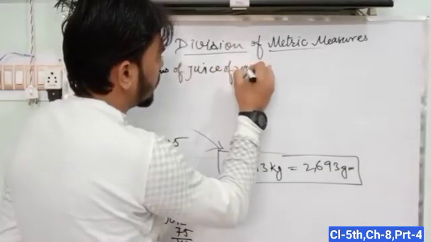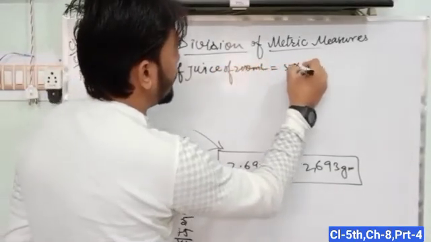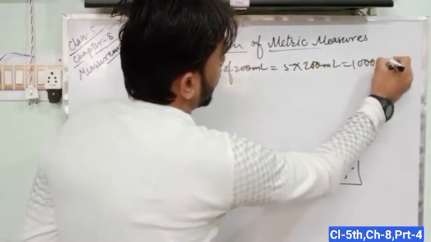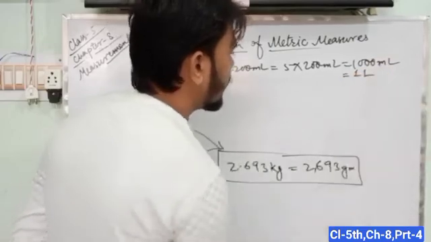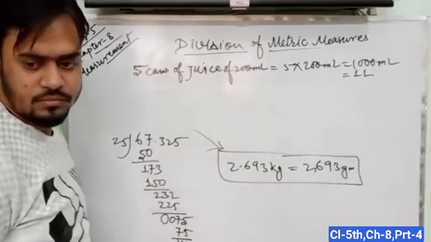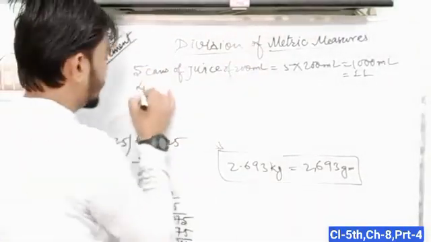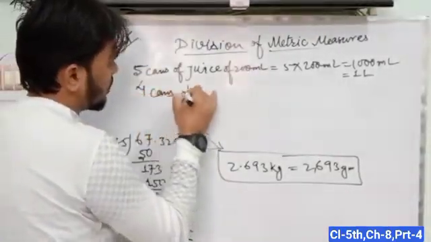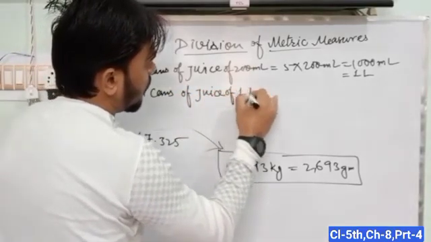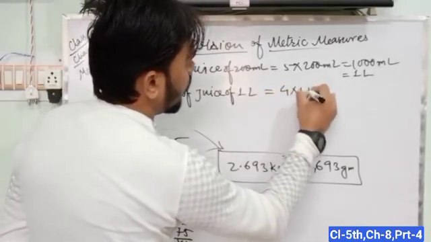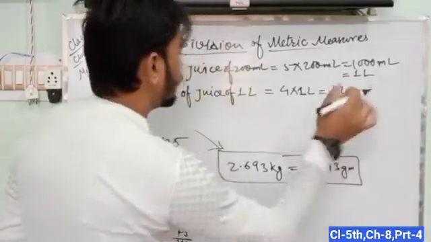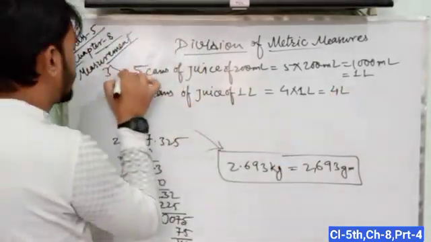So 5 cans of juice of 200 ml is equal to 5 into 200 ml, which is equal to 1000 ml, which is equal to 1 liter, and 4 cans of 1 liter. 4 cans of juice of 1 liter is equal to 4 into 1 liter, equal to 4 liter.